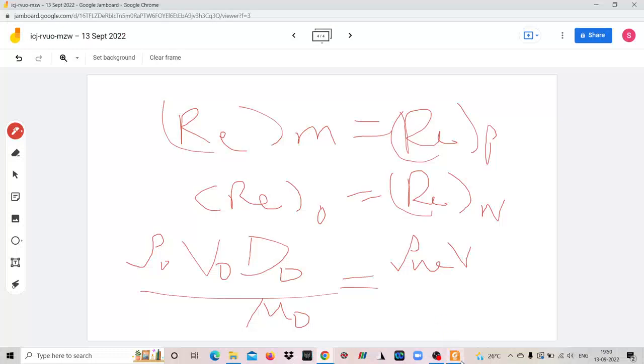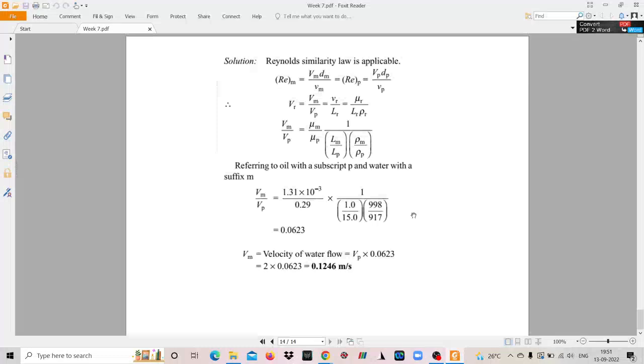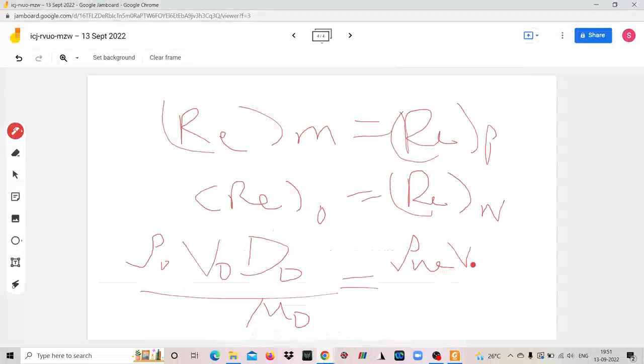Is it 0.18? Yeah, let's see. I'm not sure about this answer, but if you followed the same procedure, let's see. Rho W, VW we need to calculate, dW is known, and mu W is given to you.